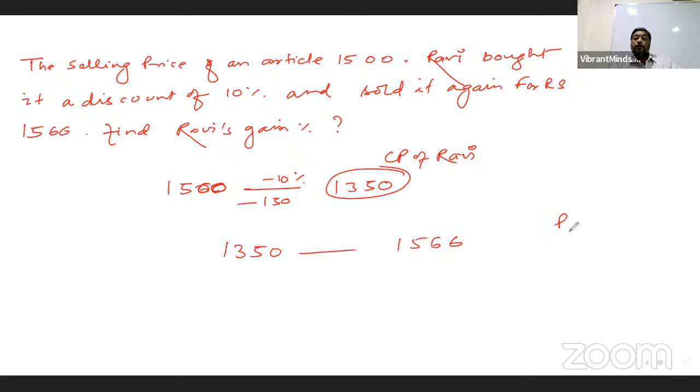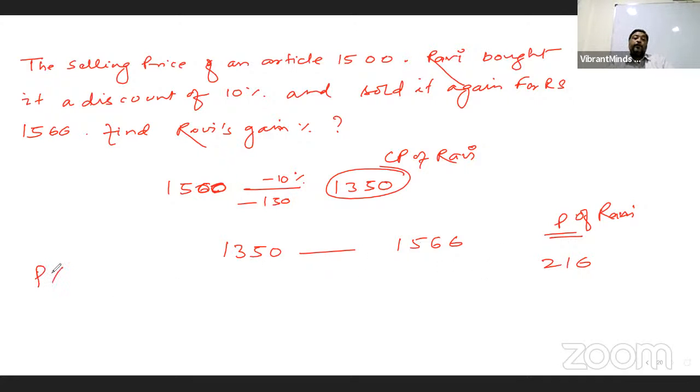So the profit of Ravi will be 1566 minus 1350, which is 216.